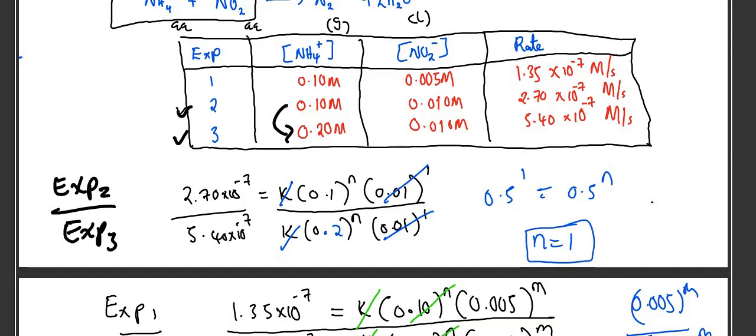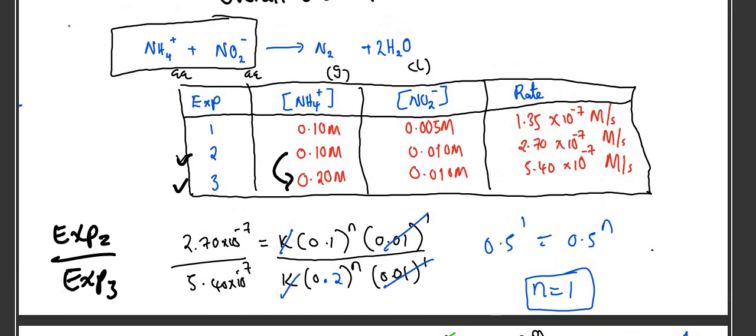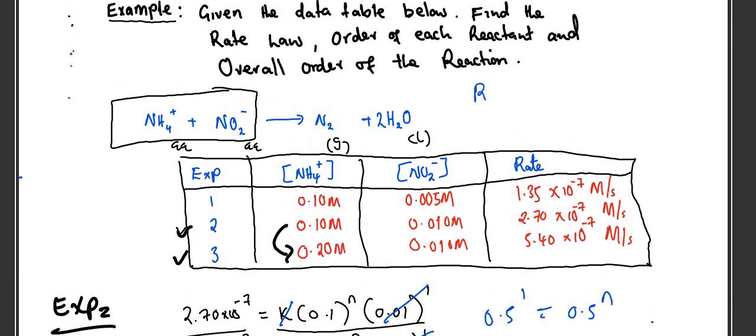So now that we know, we can come back here and write the rate law. The rate law is simply equal to the rate constant times the ammonium concentration to the power 1, times the nitrogen dioxide concentration to the power 1. So when they say, given the data table below, find the rate law, this is the rate law.